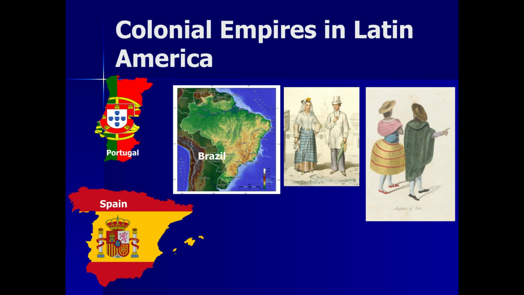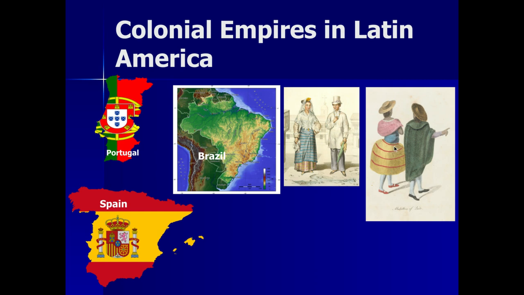We know that Latin America is going to be made up of a multiracial society. We see a couple of different groups. The first being the mestizos, which are going to be a combination of European and Native Americans that had intermarried. And then we also are going to have another group called the mulattoes. Almost 8 million slaves were brought to Latin America during this period.